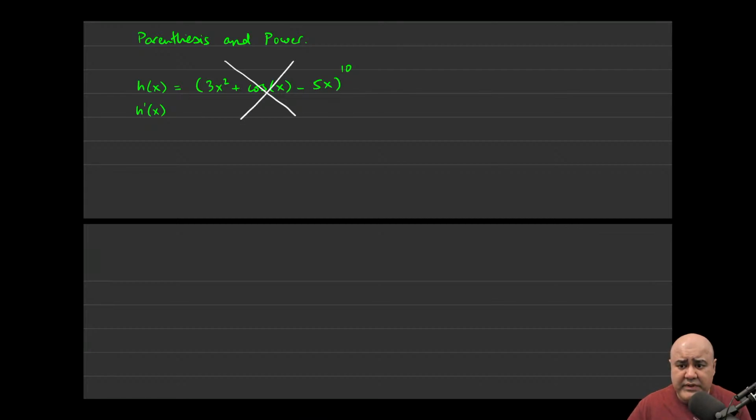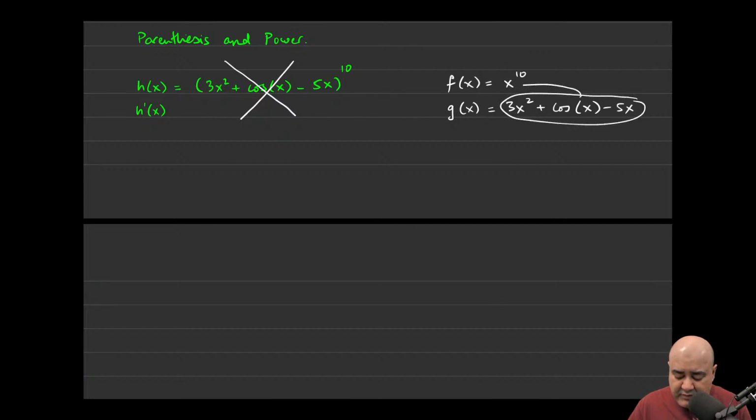The reason why we're doing this is, if we were to break h of x down into the component functions, the functions that would have been composed to give us this, f of x would be x to the 10th, and g of x could be 3x squared plus cosine x minus 5x. So if I were to take g of x, which is this function, and plug it in for an x here, wouldn't we get exactly what we have on the left-hand side?